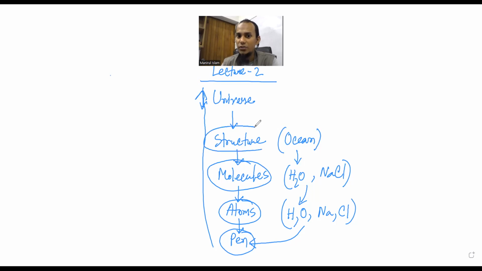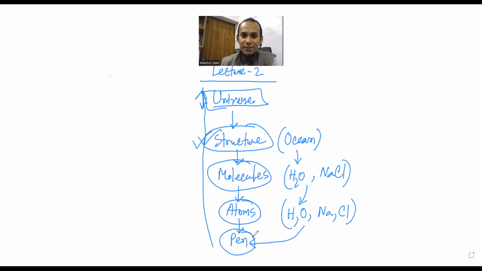Then we have some different structures which made the molecules. If we know the structures, then our work is done. Work is done means you know the chemistry of the universe. So the syllabus is complete, right?